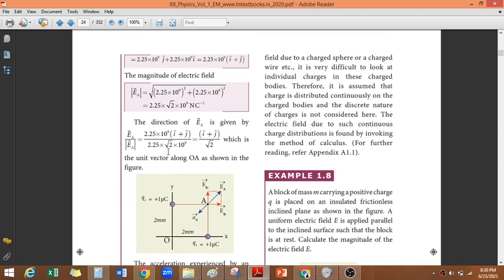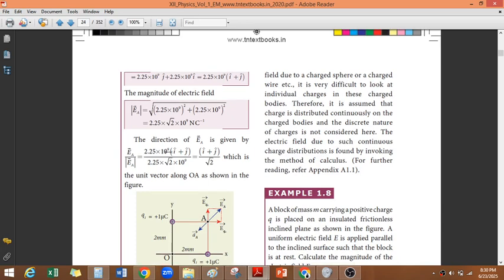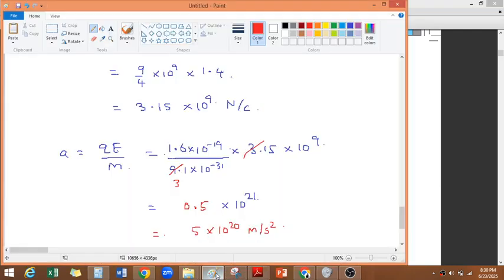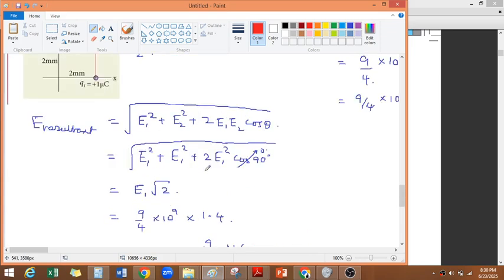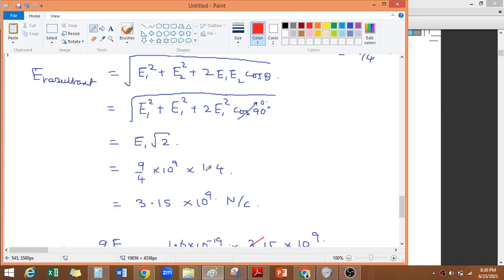I think they have not done the simplification here. 2.25 into root 2. I think that's what we also got, right? Yeah, root 2 into the same. Is that correct? This is what we also got.